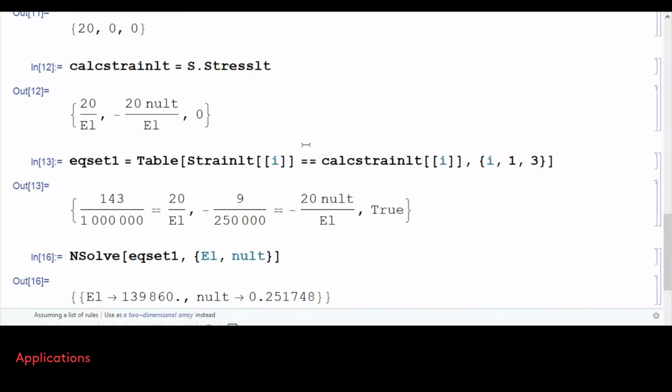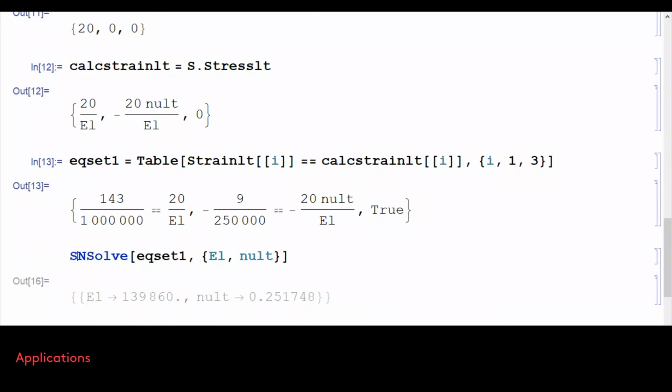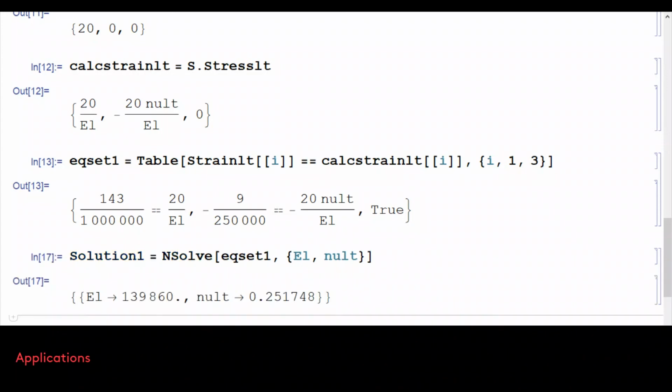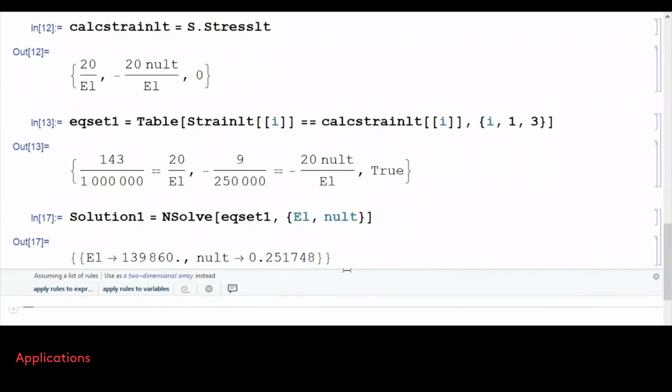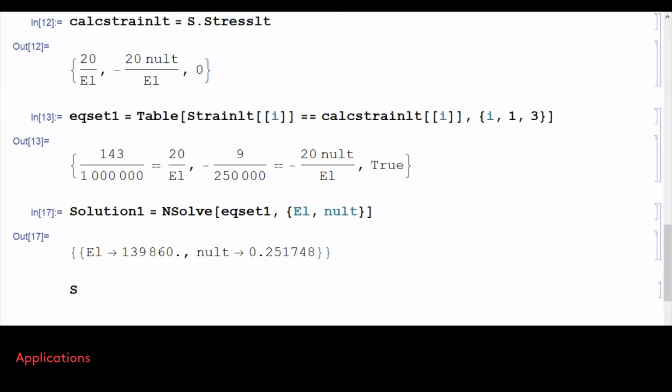Now let's say that this is solution 1. I assign a variable, and I will get the values of the longitudinal modulus and Poisson ratio from here. As you see, the curly brackets mean that this is an array-like quantity. So I have one array here, then I have the sub-array here.